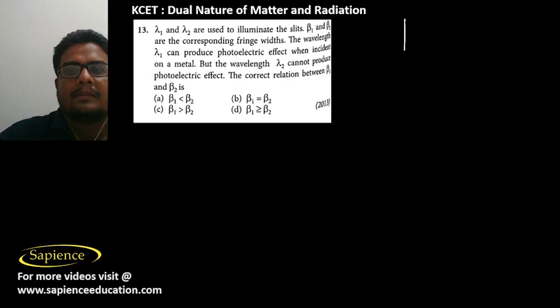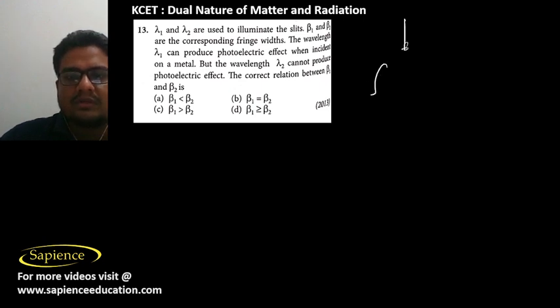Then beta 1 and beta 2 are the corresponding fringe widths. The wavelength lambda 1 can produce photoelectric effect when incident on a metal, but lambda 2 cannot produce photoelectric effect. The correct relation between beta 1 and beta 2 is.